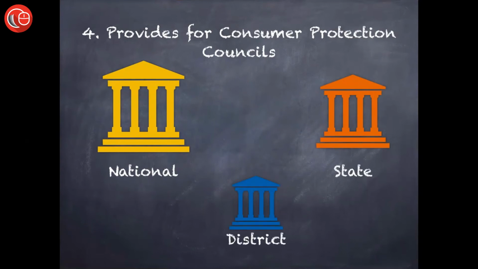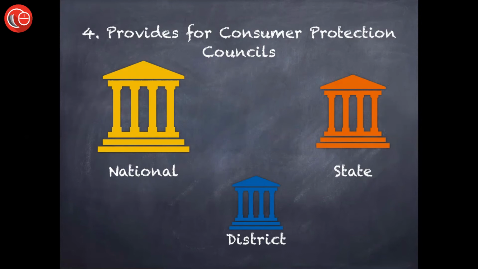As we can clearly see, a hierarchy can be seen here, just like the judicial system in India, which works on a hierarchy basis, wherein we have the sessions and district courts, above which we have the high courts, and at the top the Supreme Court. Here as well, the CDRCs or the Consumer Dispute Redressal Commissions fall in line in a hierarchy. At the lowermost level, we have the district CDRC. Above that, we have the state CDRC, and then the national CDRC.